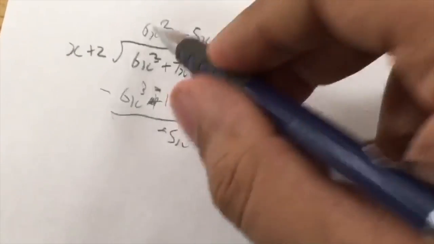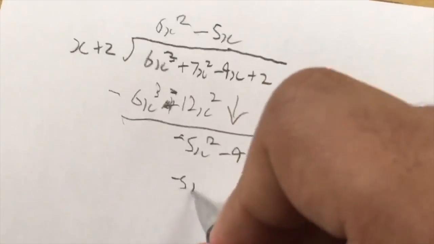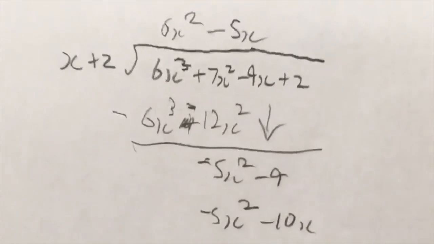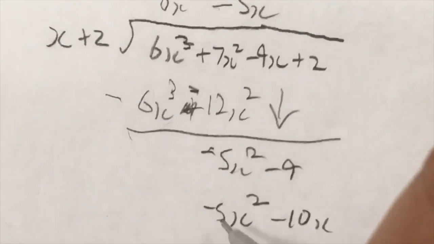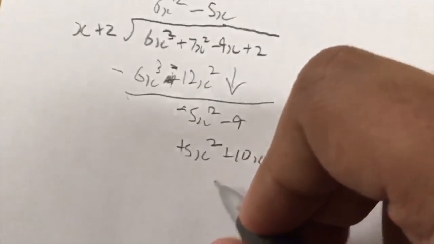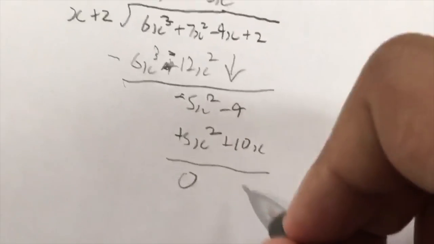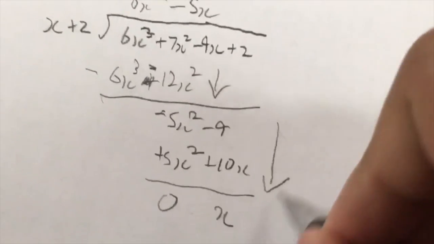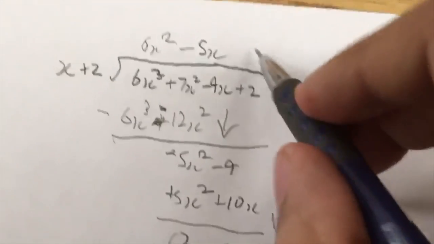Negative 5x is another term. Minus 10. Multiply the bottom by negative. You get positive. You get 0 here, and then this is x. The last term is plus 2. So that would be 1.